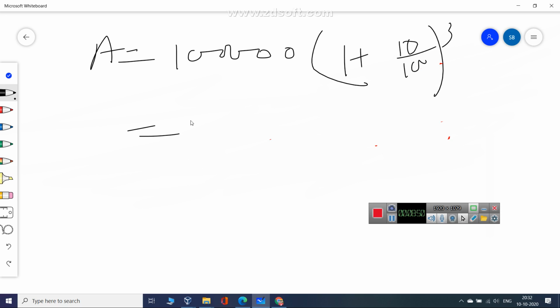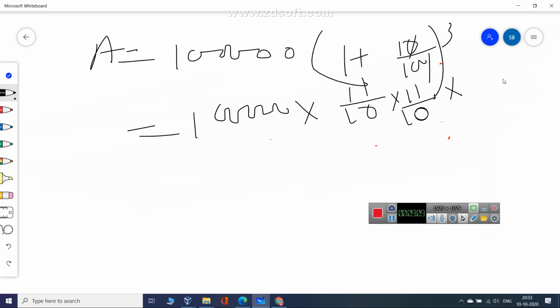So we will get the amount: 1 lakh into 11/10 into 11/10 into 11/10.